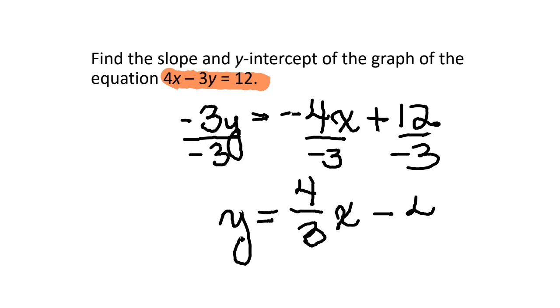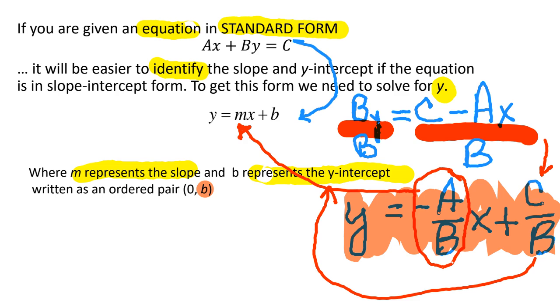Now, notice something. This 4 was my a. This negative 3 was my b. Now let's go back one slide. Remember I told you that the slope was a negative a divided by b, and our y-intercept was c over b? Well, notice right here.